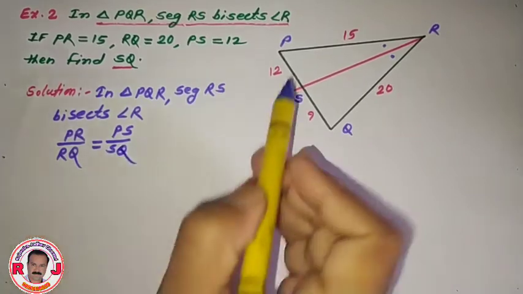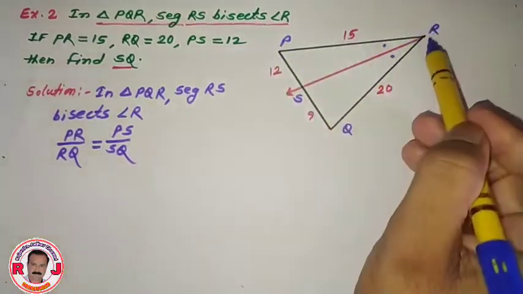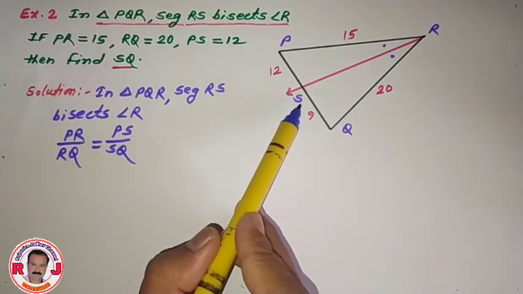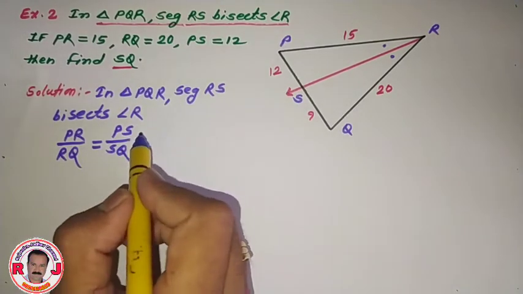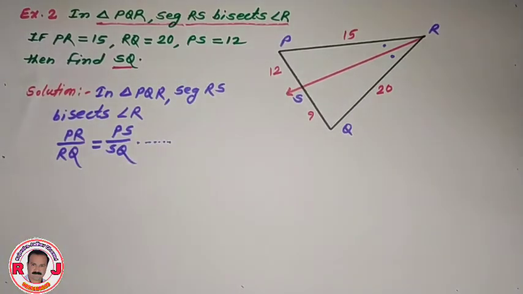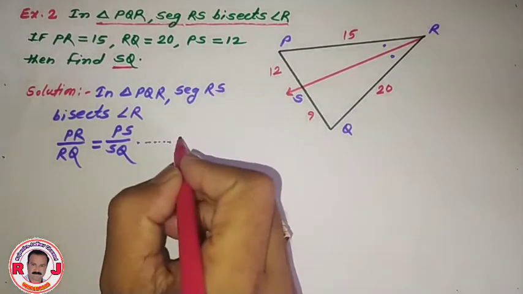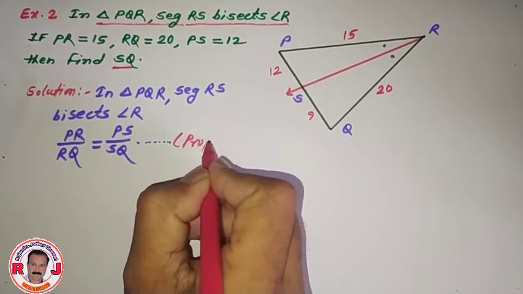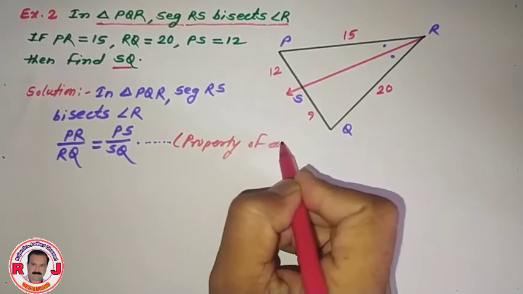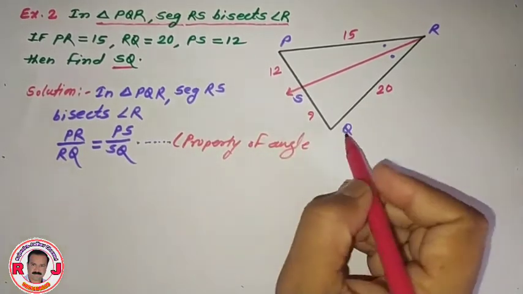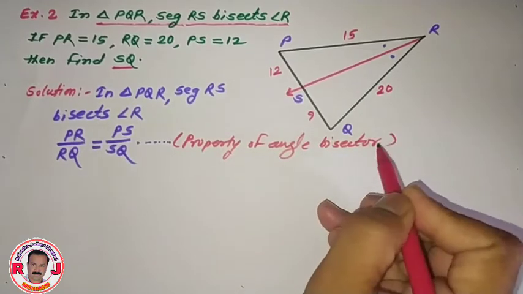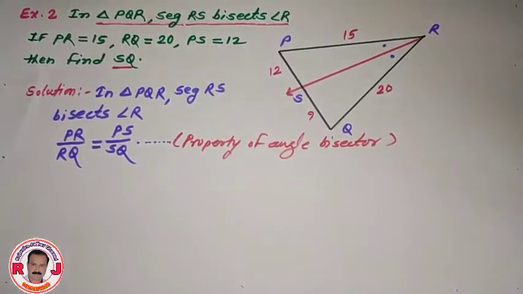Here, start from P: write down PR upon RQ, then write down PS upon SQ. Write down the reason. Reason is property of angle bisector, angle bisector theorem.